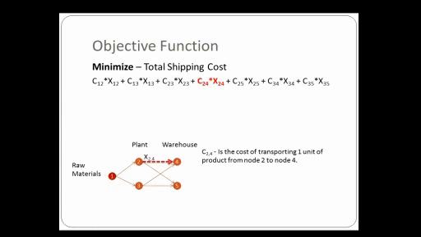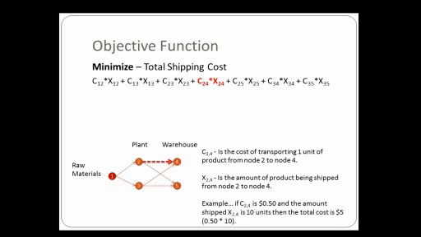C24 is the cost of going from taking a unit of product, a pallet, from node 2 to 4. X is the amount that I'm shipping between node 2 and 4. So if the cost was 50 cents a pallet to go from 2 to 4, and the amount that I shipped was 10 units, X24 is 10 units, then the cost would be what, guys?